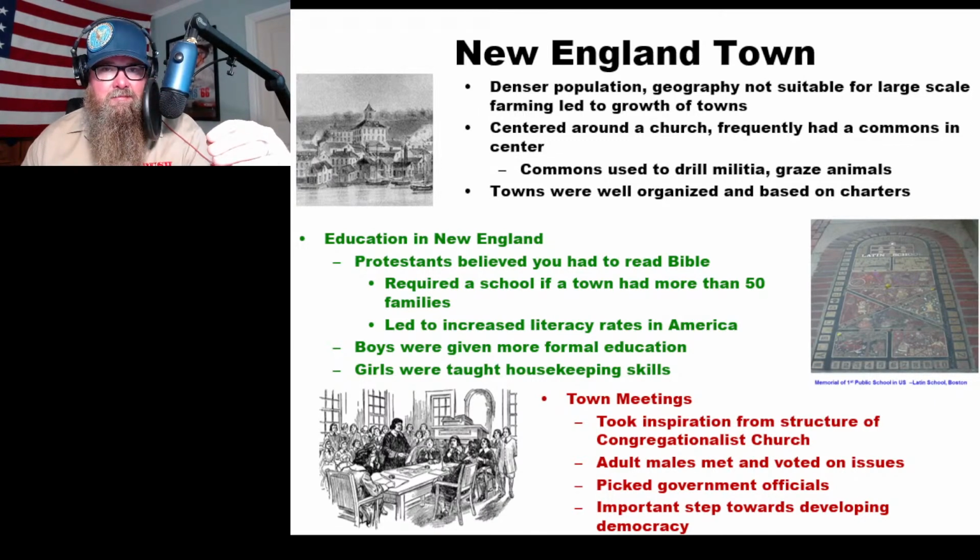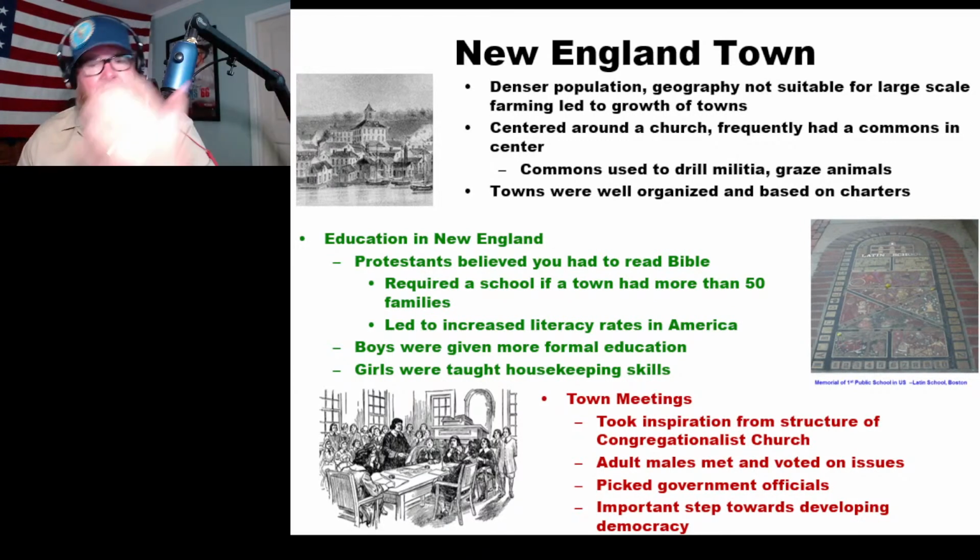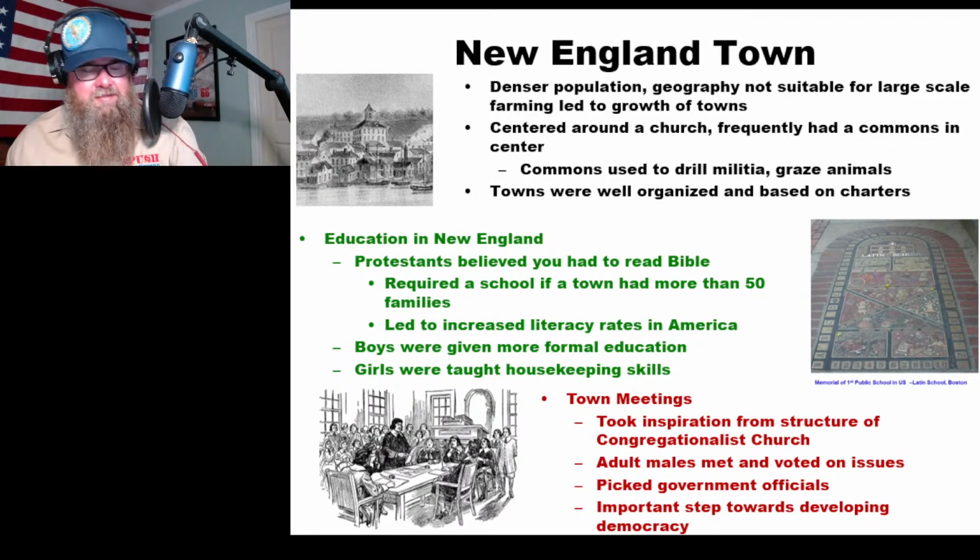Everything. Right? There is no separation of church and state. The church and the state are the same thing. Okay. They taught their people a lot more. Boys got more. Women got just enough to learn housekeeping skills, communication, and maybe to teach their kids rudimentary reading and writing and arithmetic or math, those type of things.